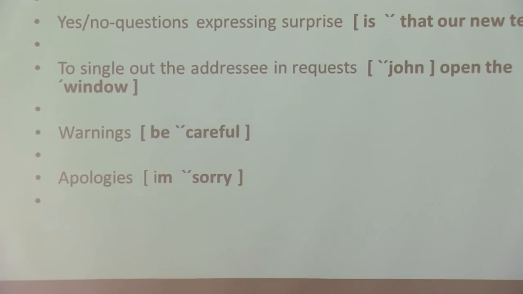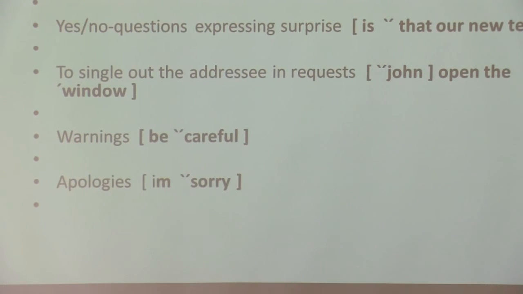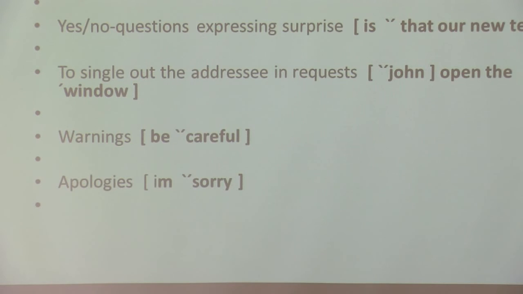And once again, two more examples where we want to be very careful in our use of intonation. Imagine the situation where we have a young child who's very close to doing something quite dangerous. As a parent, we might use this kind of intonation, not to scare them too much. Be careful, be careful.